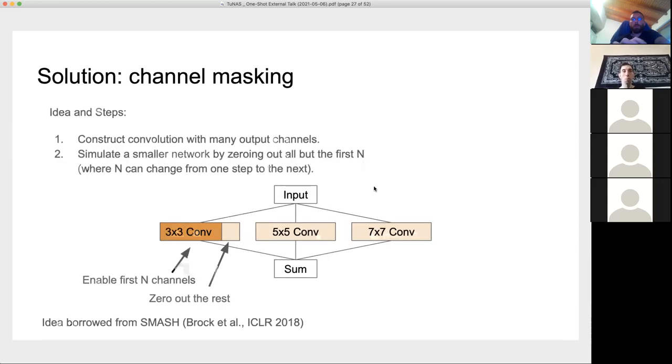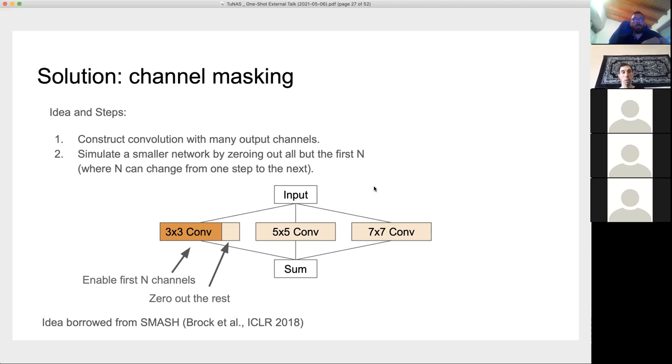So what we did to mitigate this issue was to combine the op masking or op selection metric that I showed you earlier with a second idea that we borrowed from Brock et al.'s SMASH paper, which I'll call channel masking. The idea here is that suppose we don't actually know how many output channels a convolution should have. Then we can construct a convolution with a large number of output channels.